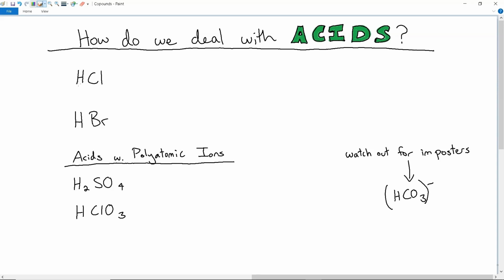But if I have a solution of this compound, I'm actually going to have a concentration of hydrogen ions. And that's what makes this compound acidic, right? Because we measure the acidity of something by its pH, and that is simply the concentration of hydrogen ions. So it's kind of got some properties of covalent bonds and ionic bonds. So we're going to name these slightly differently.